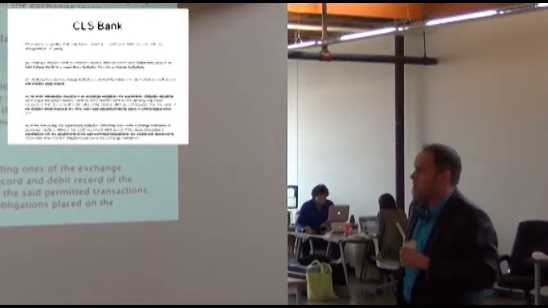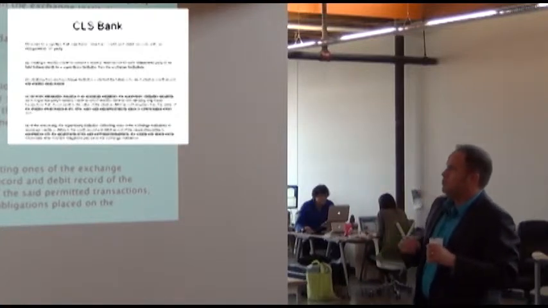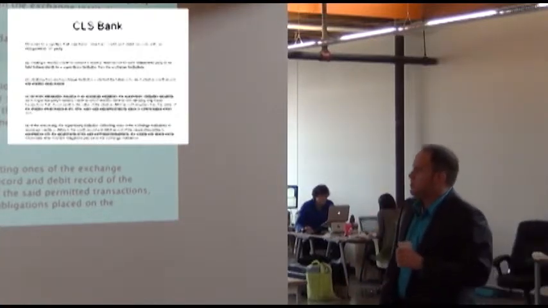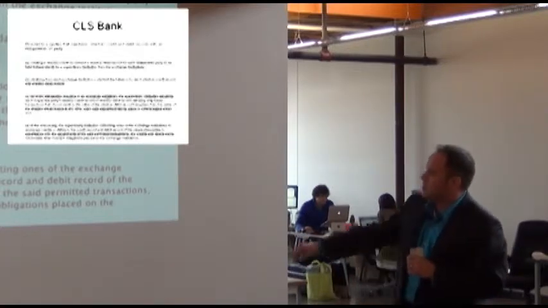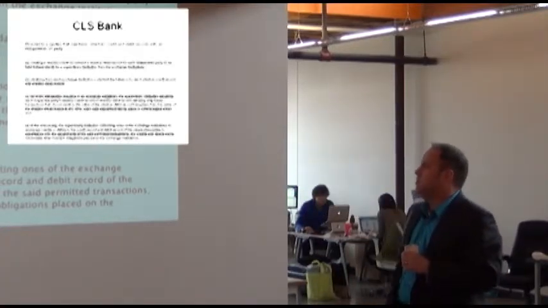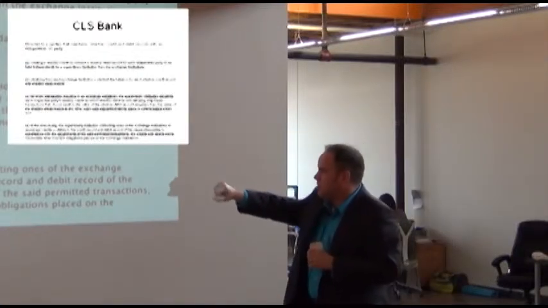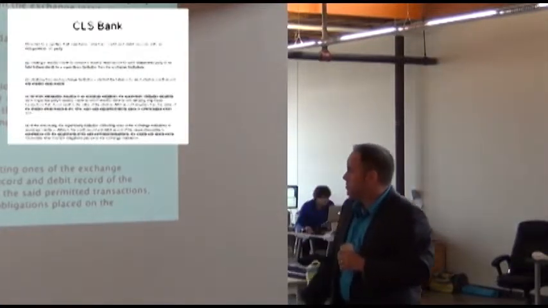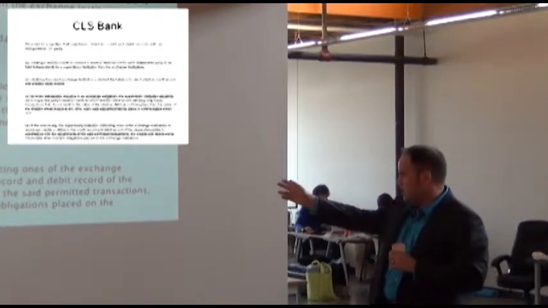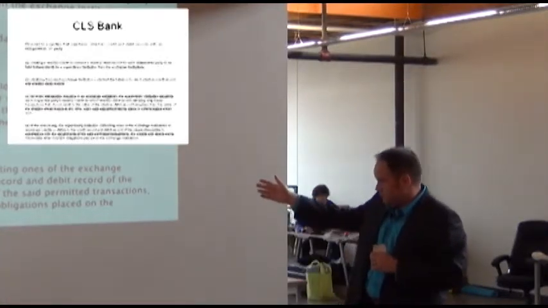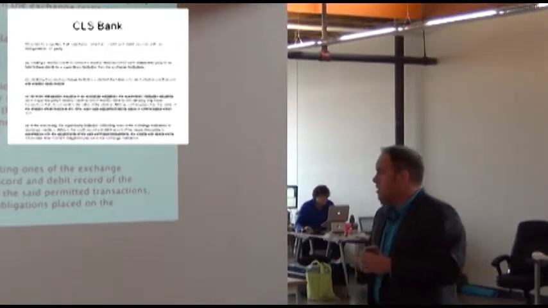So as you see here, it's talking about creating a shadow credit record and a shadow debit record, obtaining an exchange institution start of day balance for every transaction, resulting in that it adjusts each respective party's shadow credit record or shadow debit record, and then it goes to this final step.